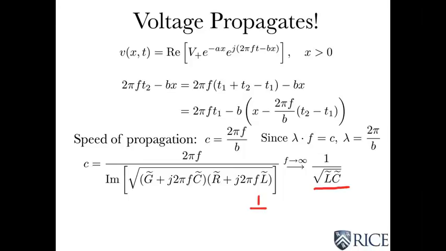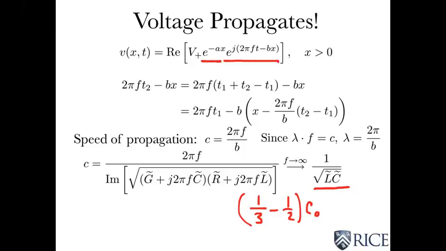For most well-designed coaxial cables, the speed of propagation is about a third to a half of the speed of light in free space, so it's certainly not free space, but it's not far away from it, just a small factor difference. Well, that's the propagating part.